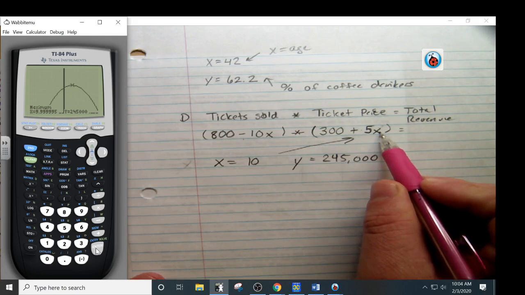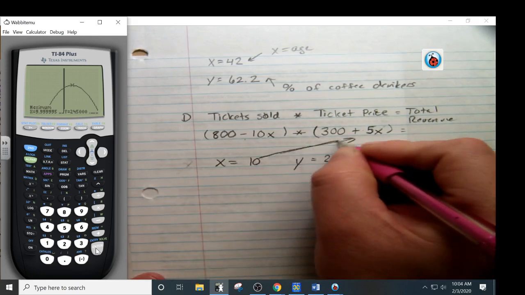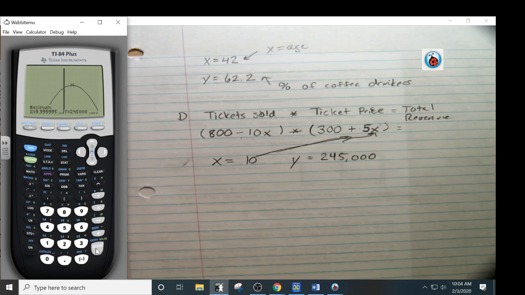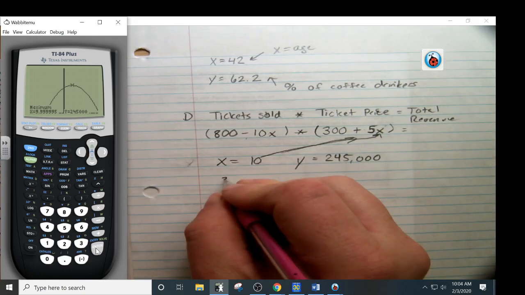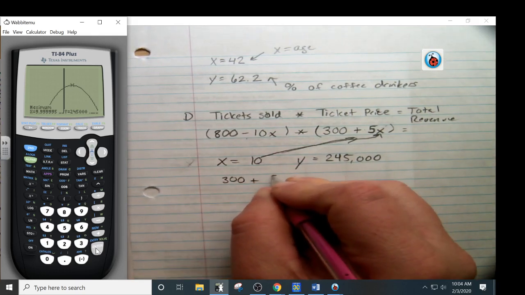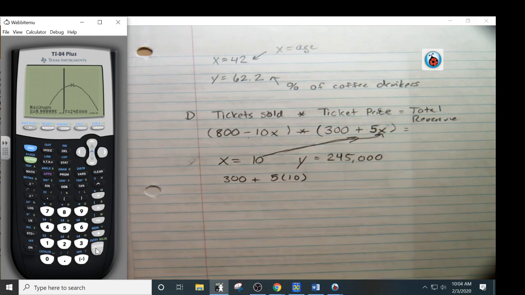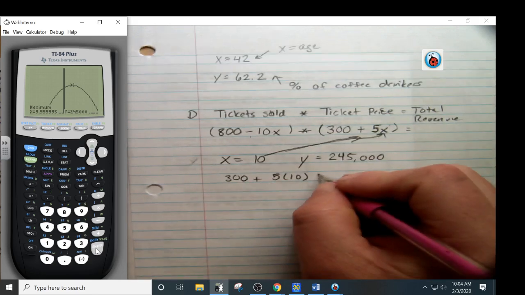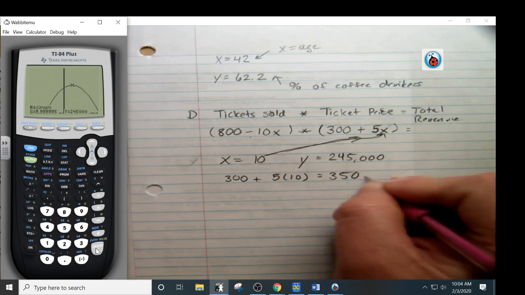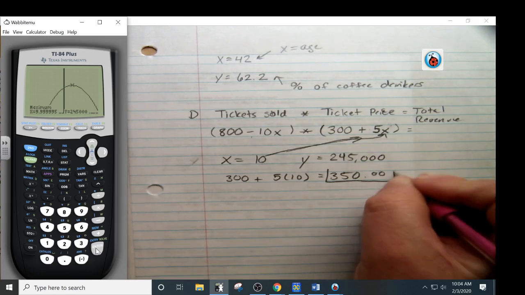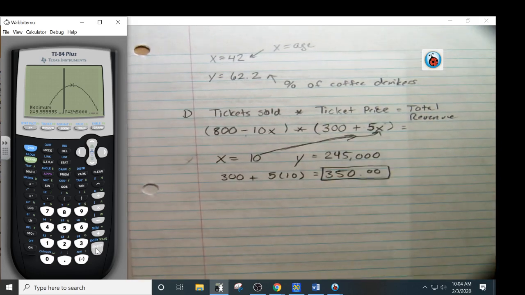So now you're going to take this 10 and put in for X here. So now that's going to be 300 plus 5 times 10. That will be, if you got 350, that is correct. $350.